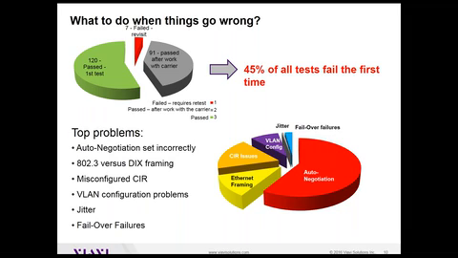The second one here is the 802.1Q versus DIX framing. Third here is a misconfigured CIR, or committed information rate, just having that set wrong. And then the last big one here is just having the wrong VLAN. Either knowing what the right VLAN was to provision the network equipment, or potentially just even knowing what the right VLAN is to communicate to the customer of what VLAN they need to include on their traffic.